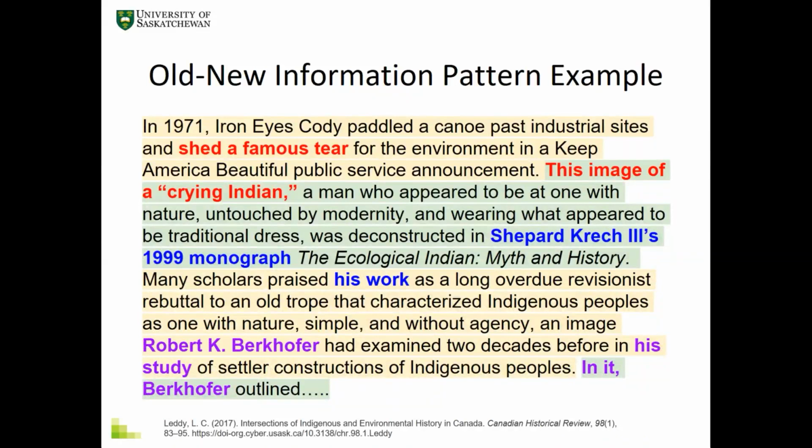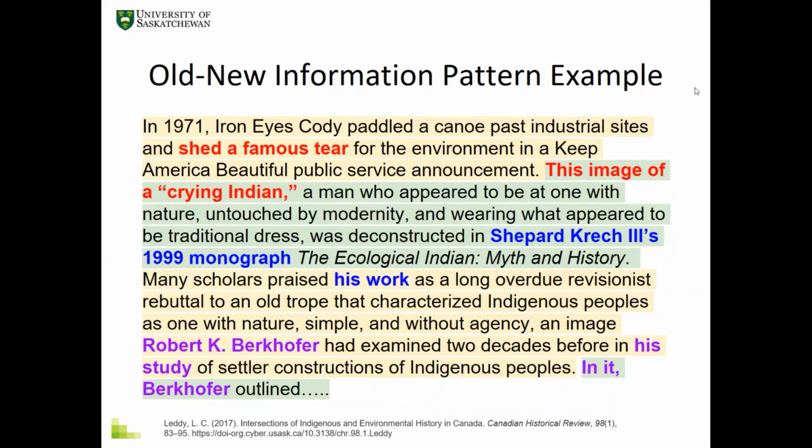Sometimes we're told not to start a sentence with "this" unless we say what it is, and that's what they're doing here. This what? This image of a crying Indian, in quotation marks, is mentioned at the beginning of the sentence to link it to the previous sentence. You don't have to use the exact words; you can rephrase a little bit if you don't want to be so repetitive.